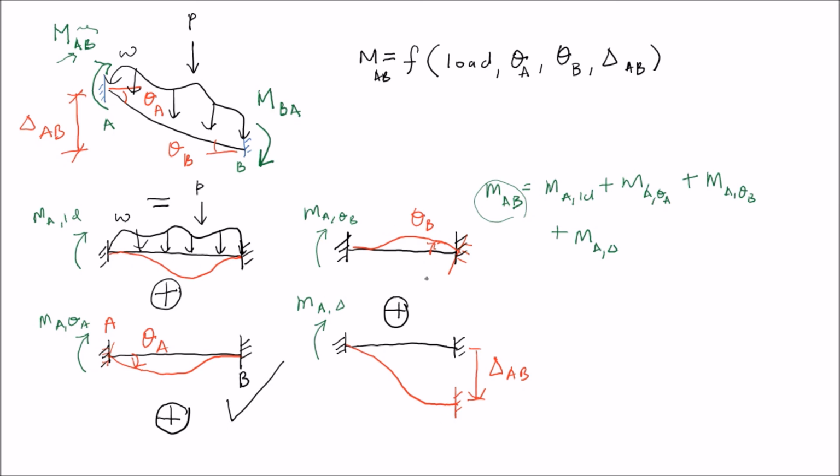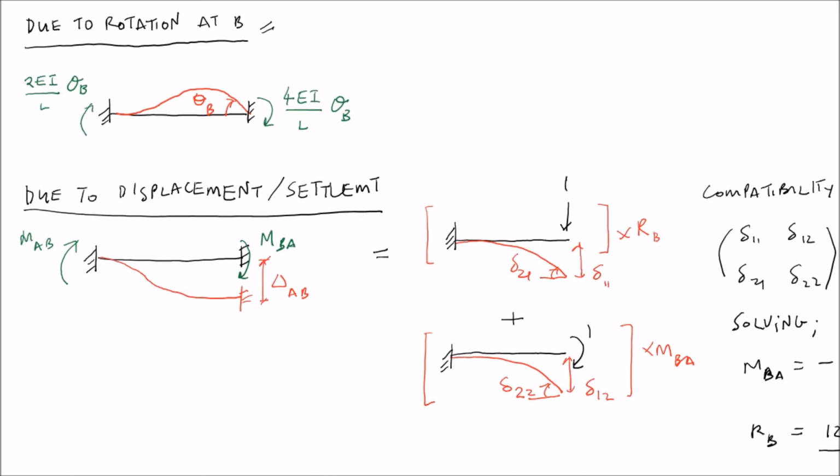The second case is only rotation at B. It's the same as before, just opposite. The one that is nearer to B, if you apply a rotation that is clockwise at B, will develop 4EI over L. The one that is further will develop half of it, so 2EI over L theta B, because it is due to rotation at B.